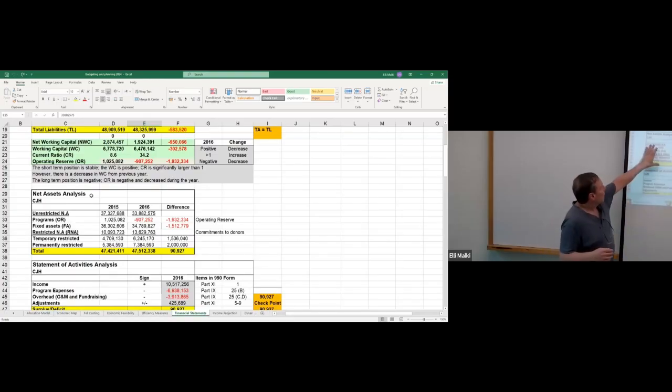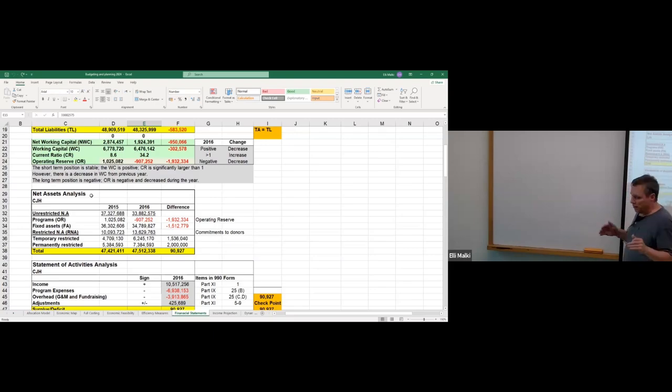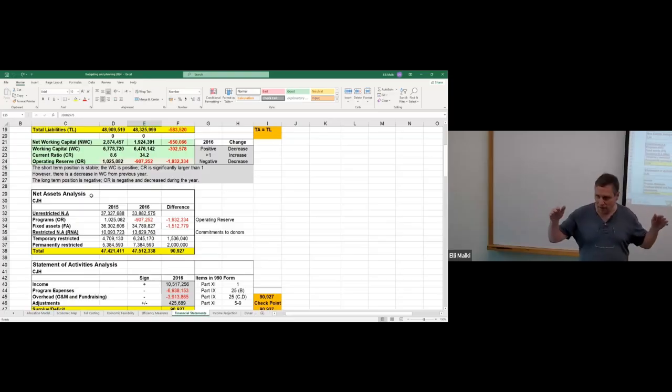But this is basically the analysis of the net assets based on the differentiation between unrestricted net assets that are in fixed assets, which we don't want to touch, and the financial part of the unrestricted net assets, which is a measure of our financial stability or vulnerability in the long term.